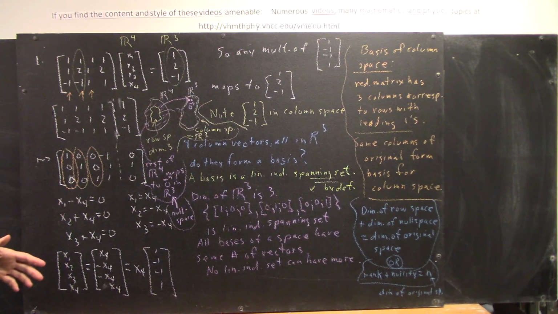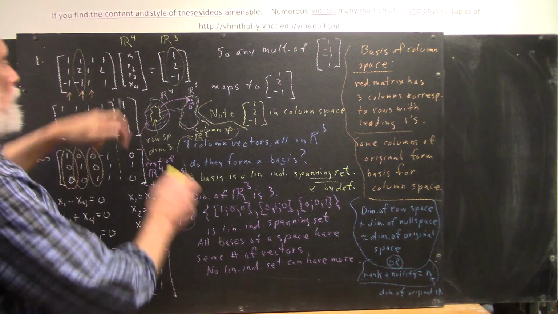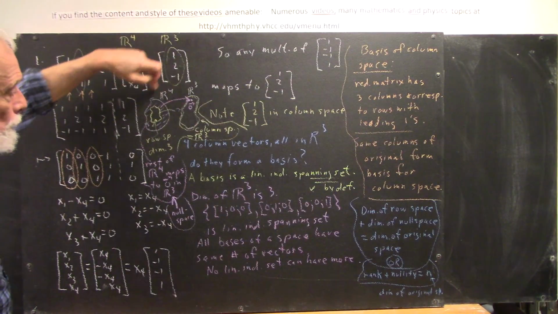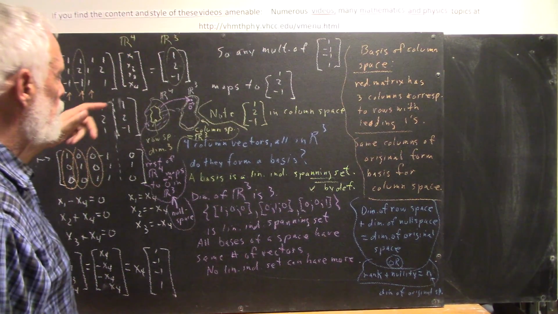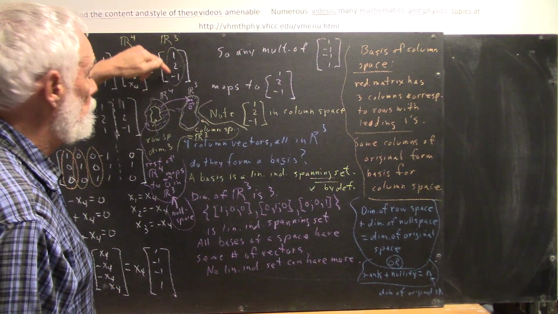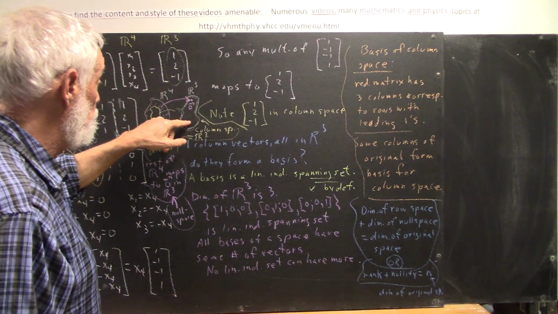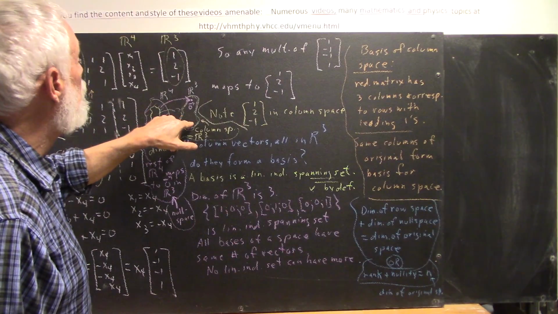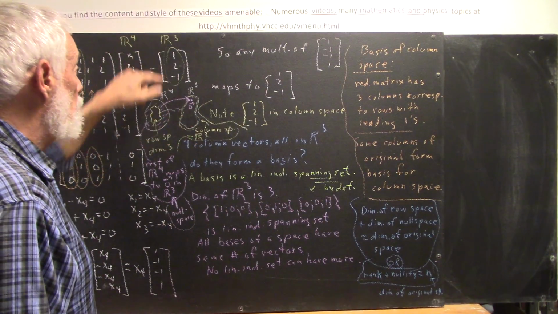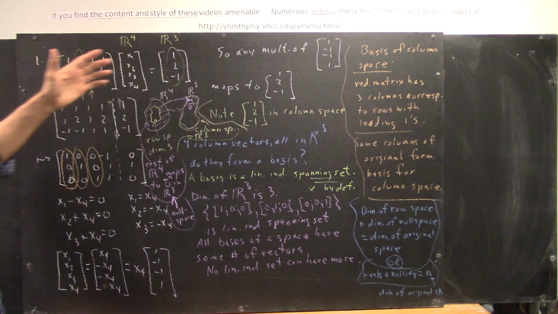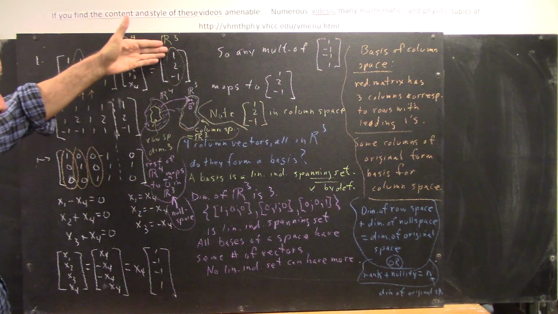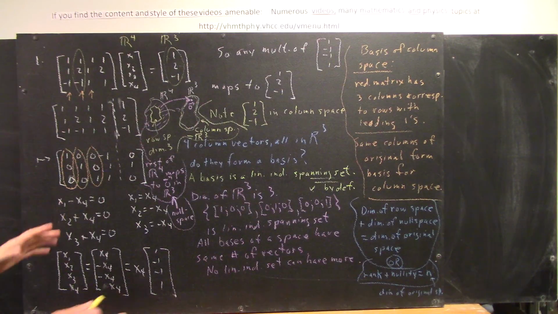So what we're trying to do, if we're thinking of a mapping from R4, like here's R4 and we're mapping it into R3, what vectors go to the vector 1, 2, negative 1? So we've got 1, 2, negative 1 over here in R3. What vector or vectors does that vector come from, if any? It might be that we can't map anything in R4 onto this vector. Turns out that we can, though.